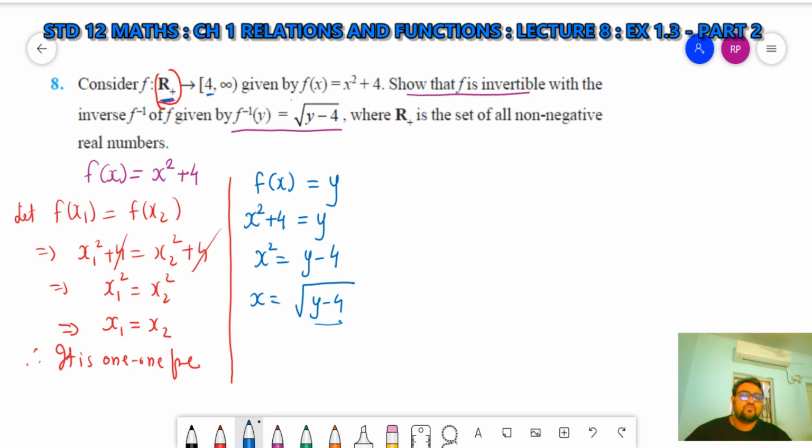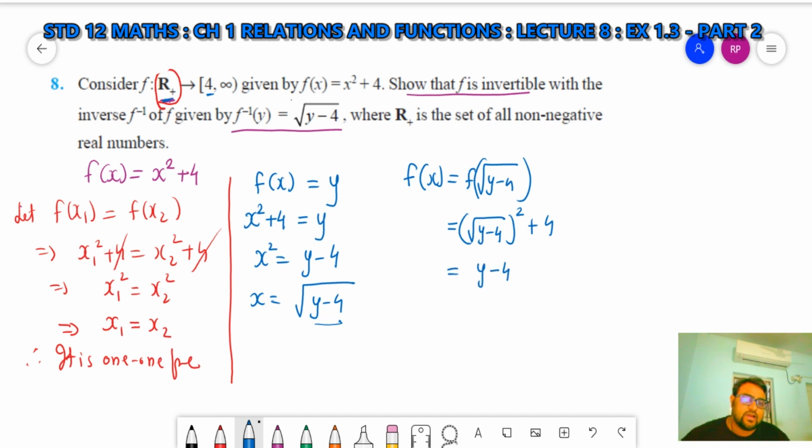Clear? So now let's take f of x equal to f of square root of y minus 4. So what is this? x square plus 4. This will be the square of square root of y minus 4, plus 4. So square root and square will get cancelled. y minus 4 plus 4, and this is equal to y.